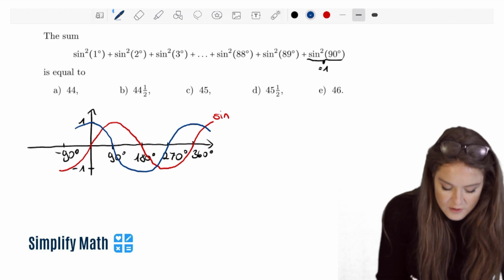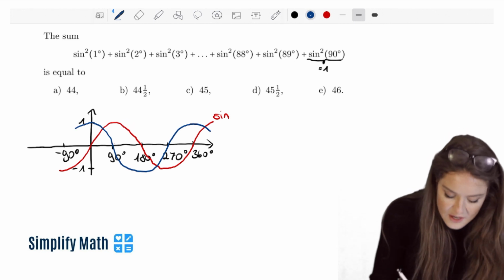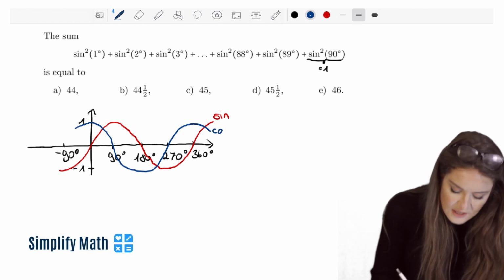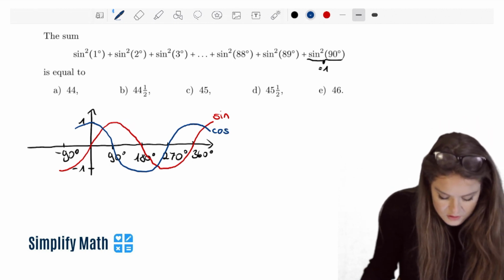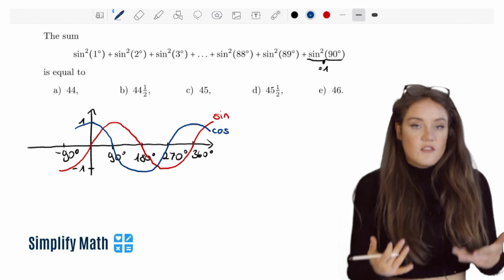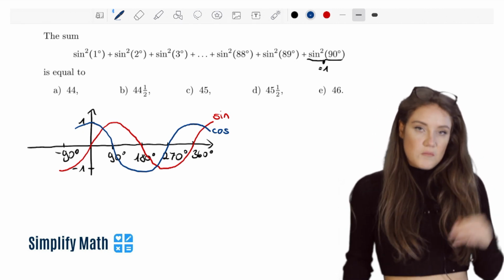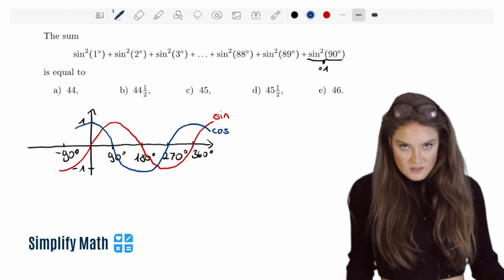The cosine function has its zeros everywhere where the sine function has its maxima and minima. So this is the cosine function. And the cosine function has its maxima and minima everywhere where the sine function has its zeros.